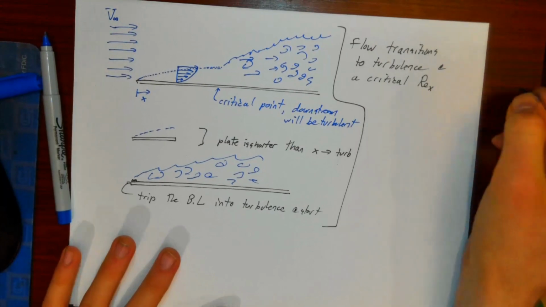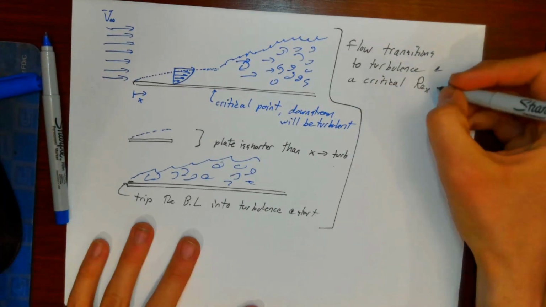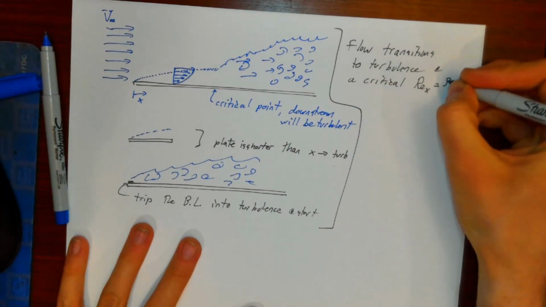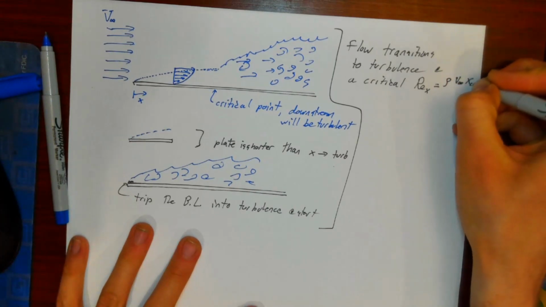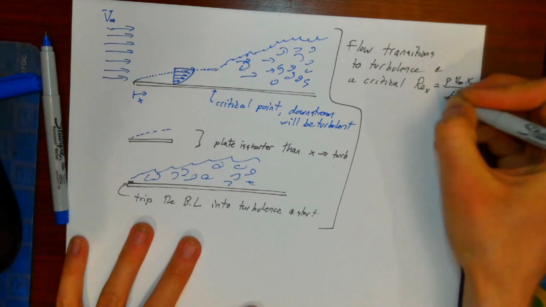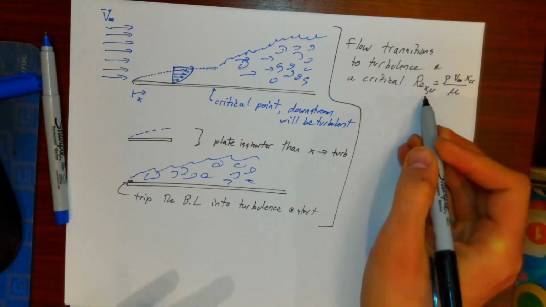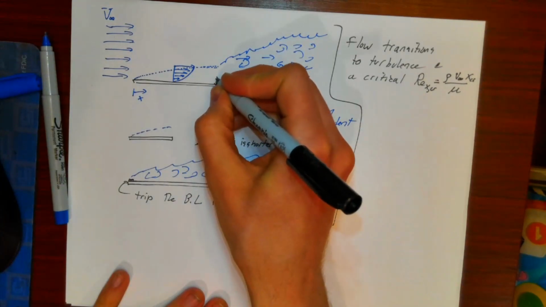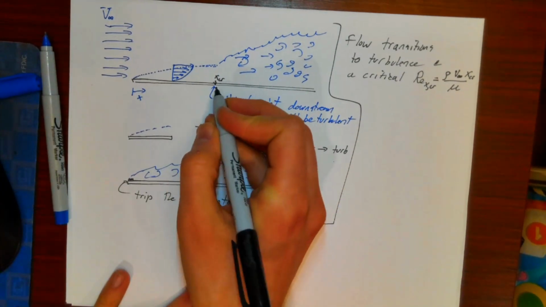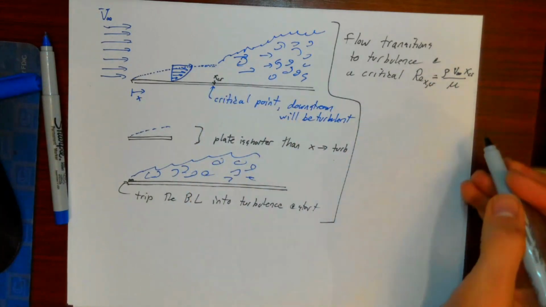And it's a critical Reynolds number based on x. So we have Re x critical equals rho V infinity x critical divided by viscosity. So there's some critical Reynolds number that corresponds to this critical x right here, where the flow transitions to turbulence.